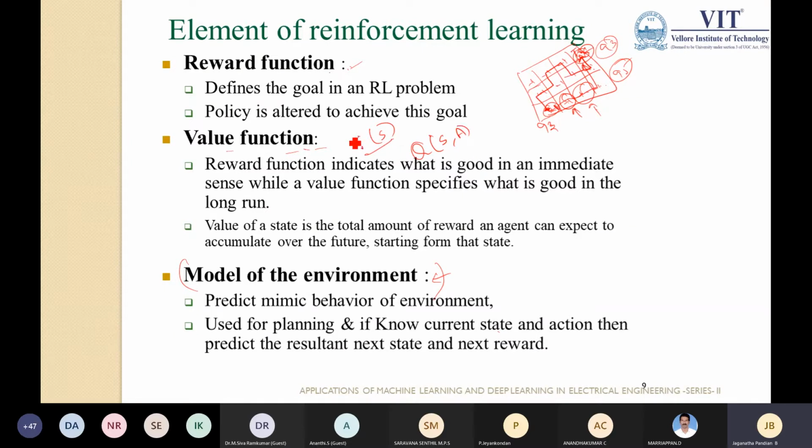This talks about value for the state, whereas this talks about value for the state given one particular action. So in that state, if I take that action, what is the value? Both have different meanings and different uses in different algorithms.